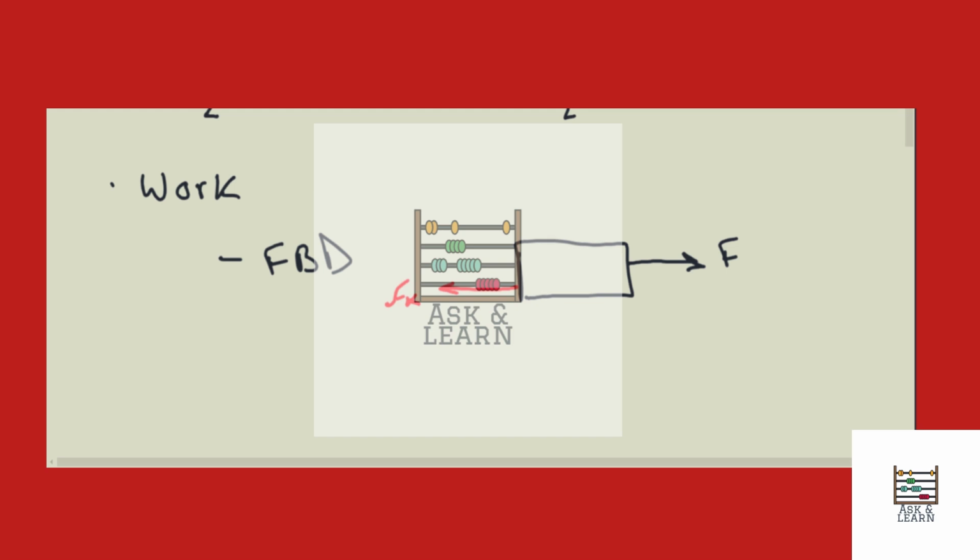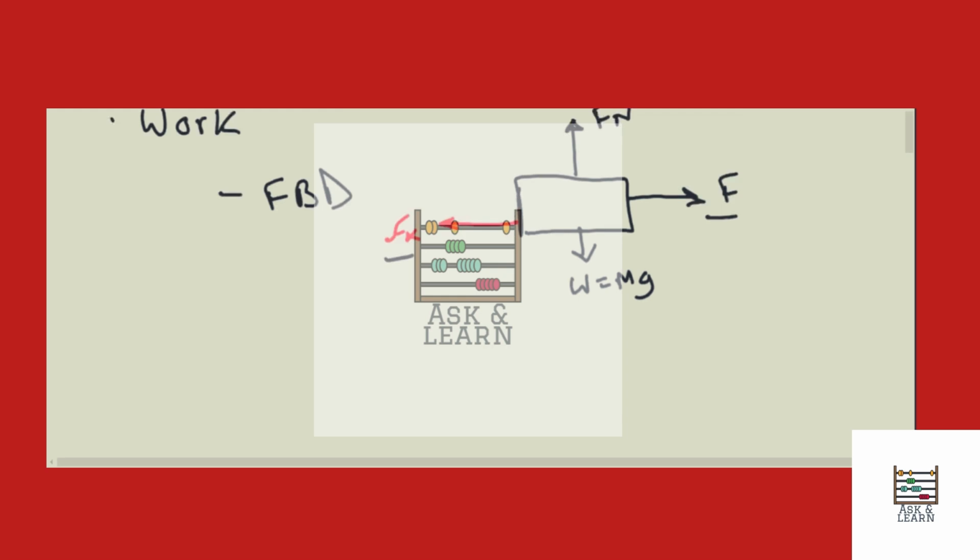Kinetic friction, and we have the weight of the block pushing straight down. Weight is just the mass times gravity, which means we have a force in the opposite direction called the normal force. We're interested in the forces in the x direction, and because of the free body diagram, we see that there are two forces involved: the force that varies and the force due to friction.